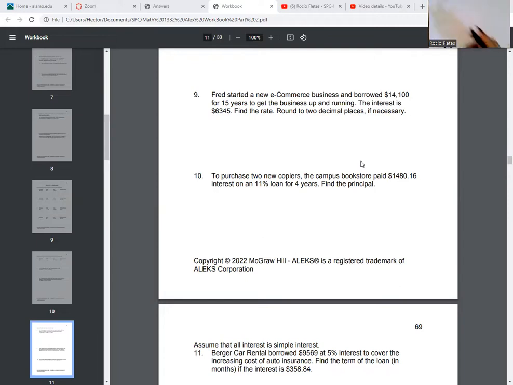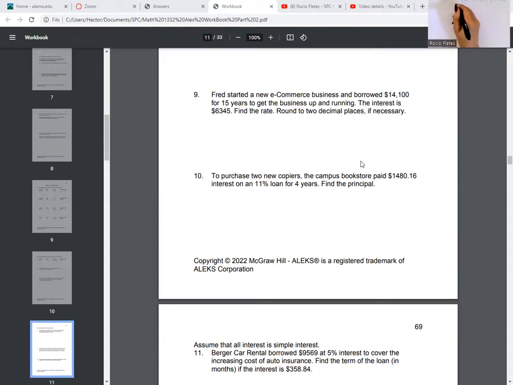So start writing things down. What do you know? The principal is 14,100, so I'm going to write that down. Time is 15 years. And they're giving me the total interest, so that's I, 6,345. They want me to find the rate, rounded to 2 decimal places.